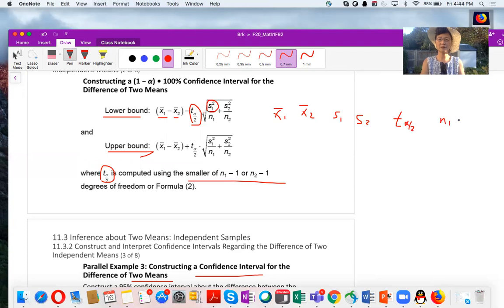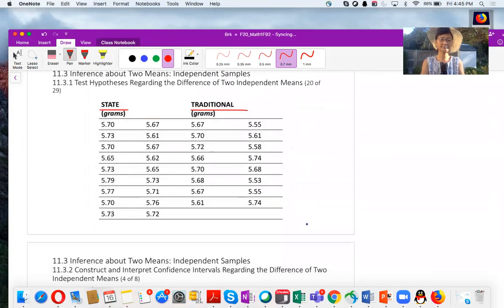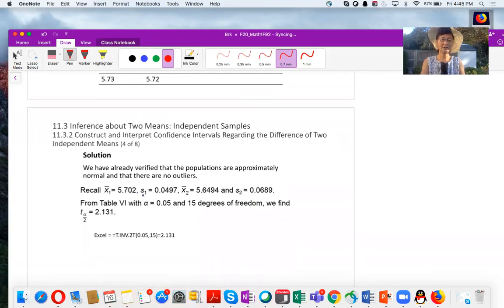N1, N2 is obviously given. Okay, so we need those numbers in order to calculate lower bound and upper bound. So here are the results of x1 bar, x2 bar, sample 1 standard deviation, sample 2 standard deviation.